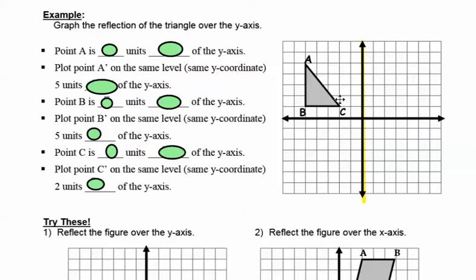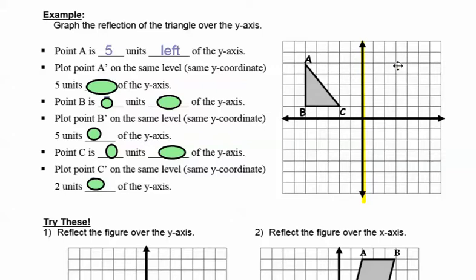If we want to reflect this whole thing, we're going to take it point by point again. Looking at point A. A is 1, 2, 3, 4, 5. You're looking at how far away A is from the y-axis. It is 5 units away, and it's to the left of the y-axis. Since we're flipping it, or reflecting it across Y, it's going to be on the other side, but the same units away.